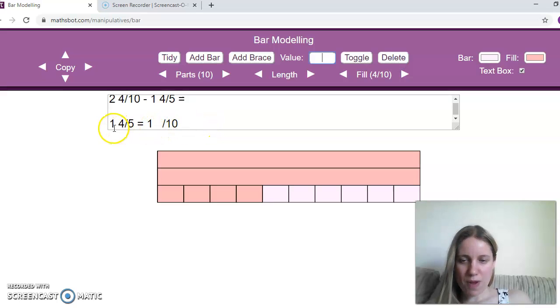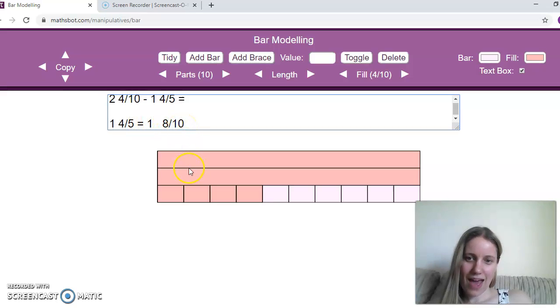So if I've got my 1 whole and my 4/5, and now I want to say I've got 1 whole and so many tenths, I know to change my denominator from a 5 to a 10, I've multiplied that by a factor of 2. And to find an equivalent fraction, I have to multiply my numerator by the same factor. So that must mean I also multiply it by 2. So that would be 4 times 2 is 8. 1 whole and 8/10. And thinking about it, if I said that there were 2/10 for every 1/5, that's 2, 4, 6, 8.